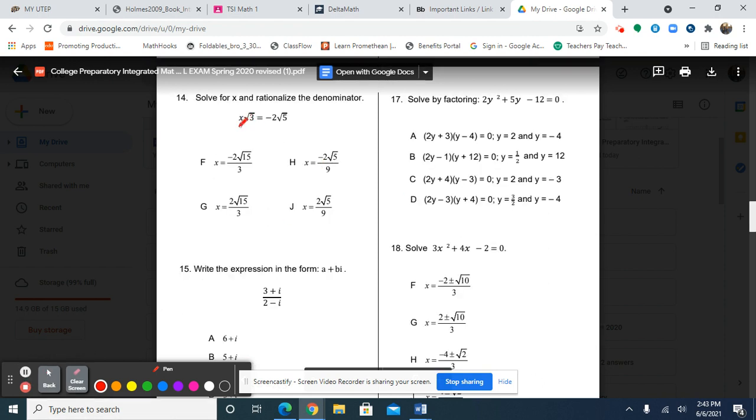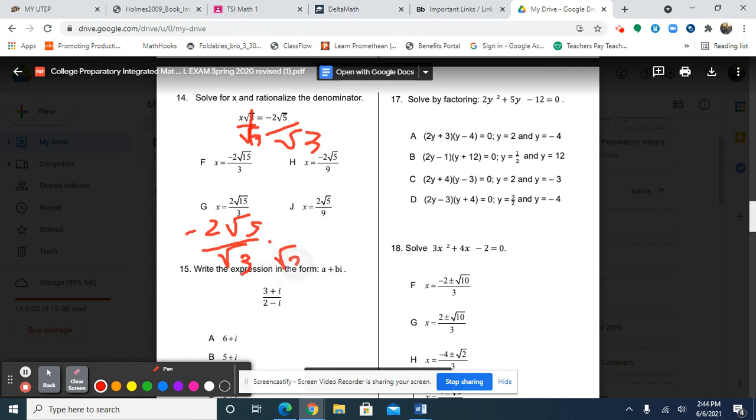So for number 14, we're gonna solve for x. So we solve by dividing both sides by square root of 3. So that cancels out, and we have negative 2 square root of 5 over square root of 3. Now, the thing here is that we can't have a square root on the bottom.